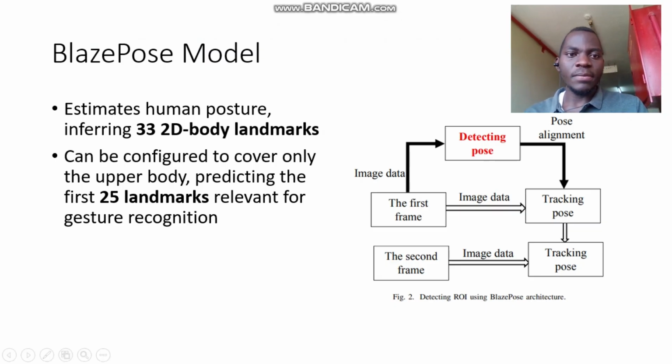To continue with the BlazePose model, it basically estimates the human posture, like the half of it. It gets the image, detects the pose, aligns that pose, and then tracks the pose. As you can see, its architecture is here.